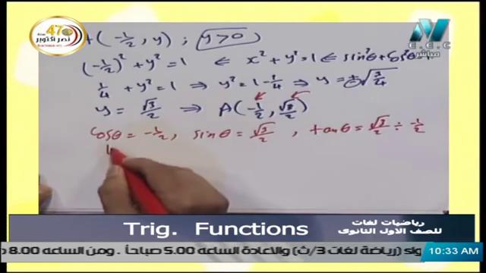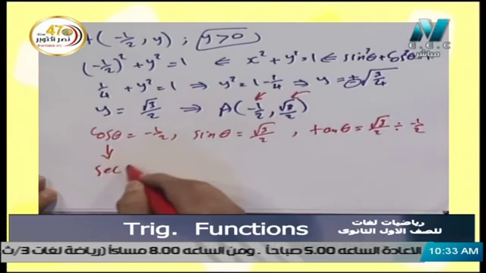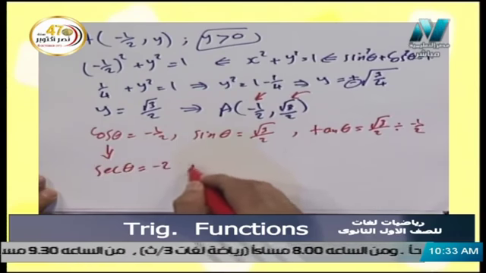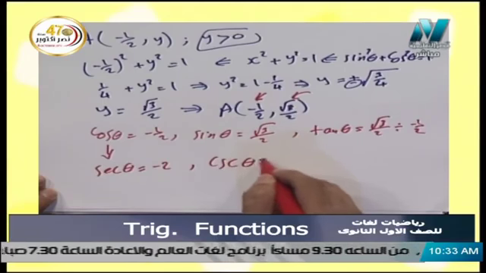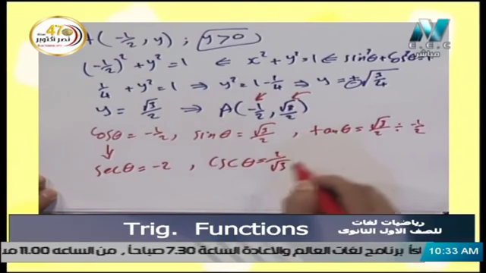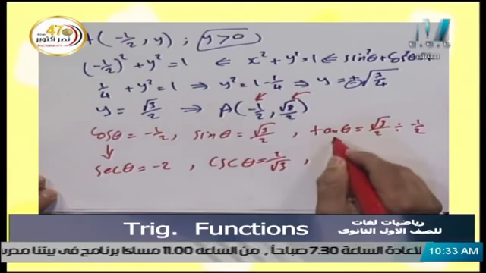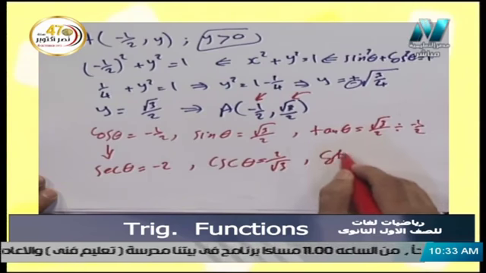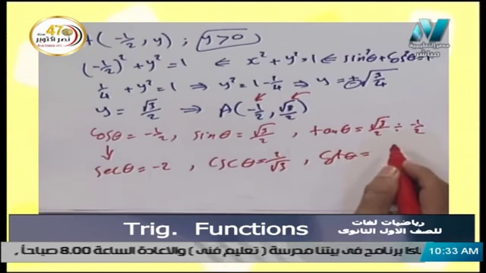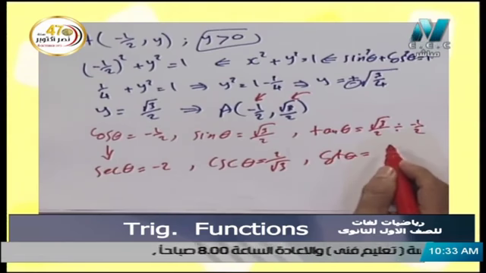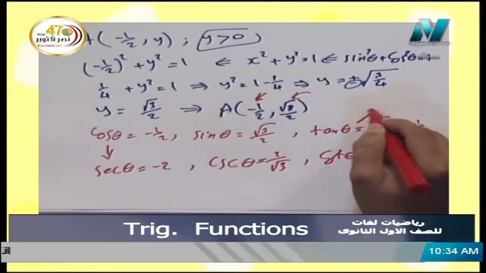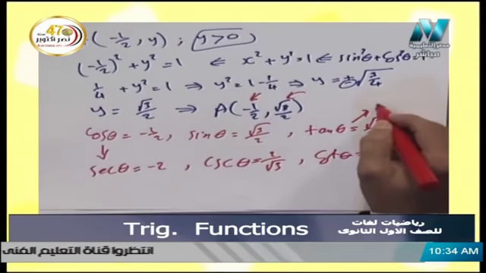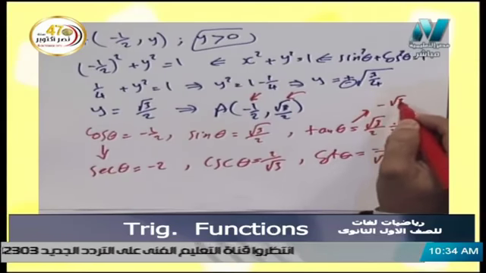The reciprocal of cosine is sec theta equals negative 2. The reciprocal of sine is cosec theta equals 2 over root 3, and the reciprocal of tan is cotan theta, which is negative 1 over root 3, because tan theta here is negative root 3 over 1.